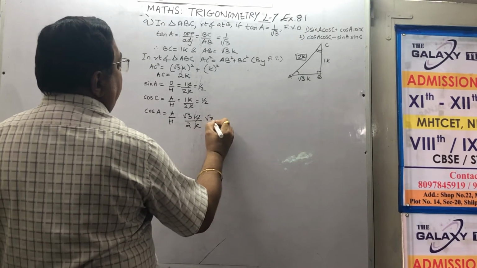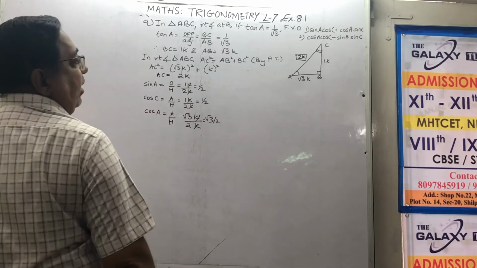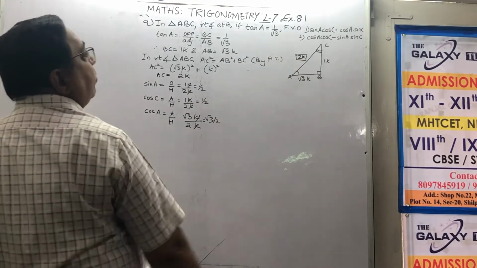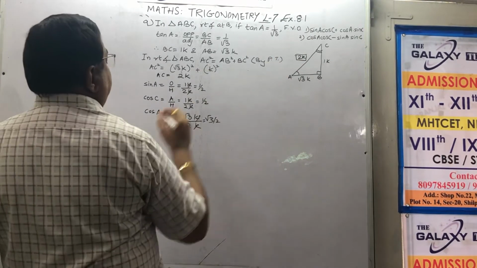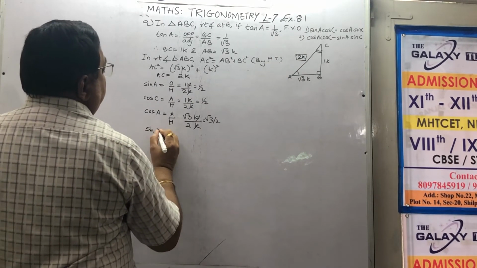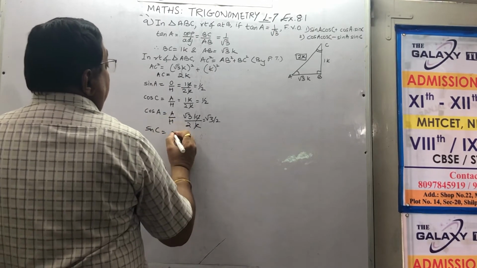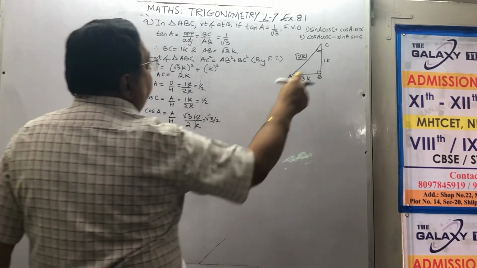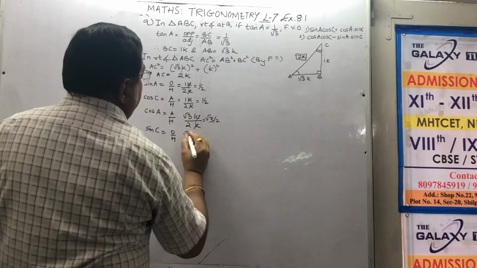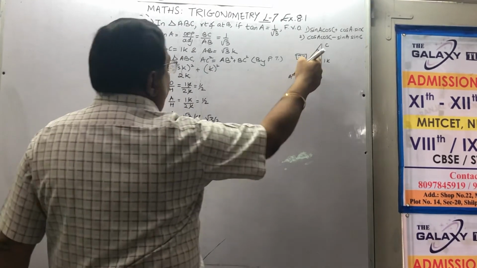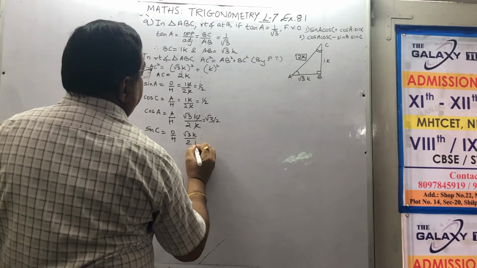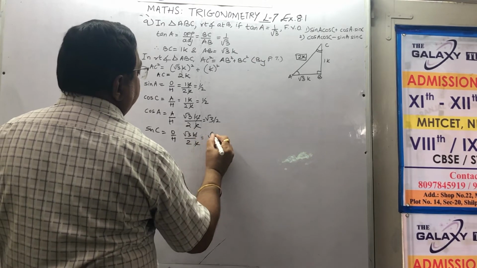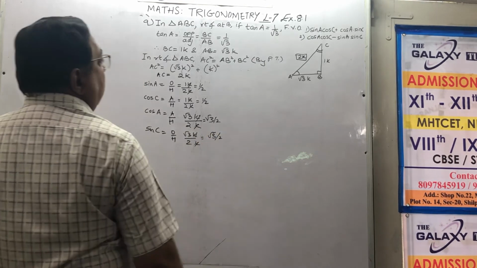So root 3 by 2. Cos A is ready. And then I need sine C. Sine C is opposite upon hypotenuse. Opposite of C is root 3K. Hypotenuse 2K. K cancels, root 3 by 2.